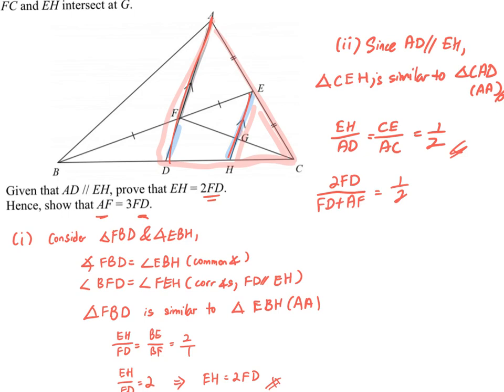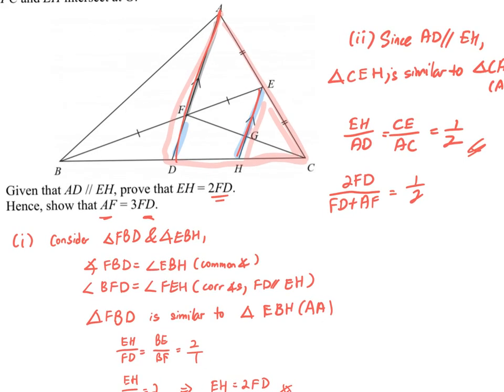More or less you can see that our main characters are coming out, AF and FD. So all you need to do is cross multiply. You have 4 times FD equals FD plus AF, and you cancel off. You have 3 times FD on the left, AF on the right, and yes, you are done with part 2.